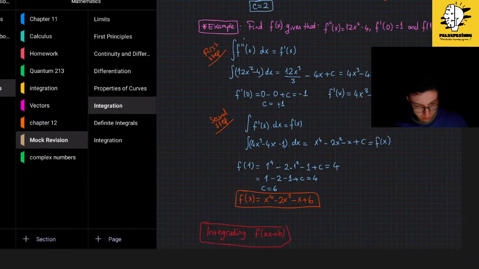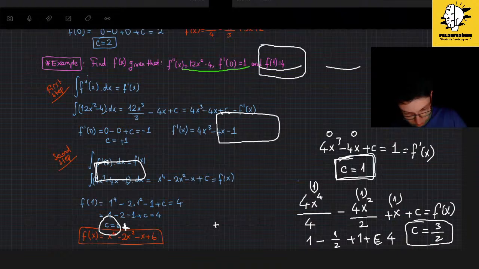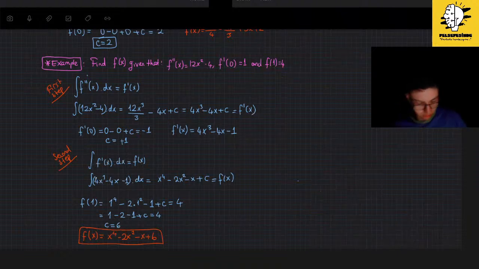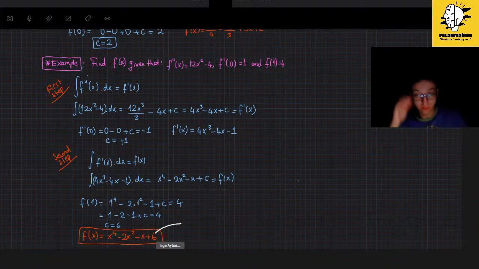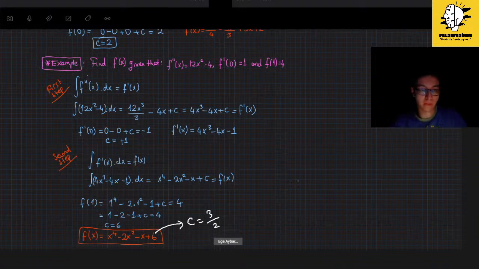It is 3 over 2. It's not 6. Let me correct it again. Should I clear the canvas? Yes. Okay, so at the end we find that c is 3 over 2, and this is because of the mistake I made when I was solving it. No problem with that, we find the correct solution. Okay, this is the end for me for now, and Burak will continue.